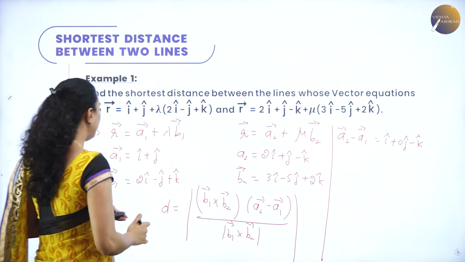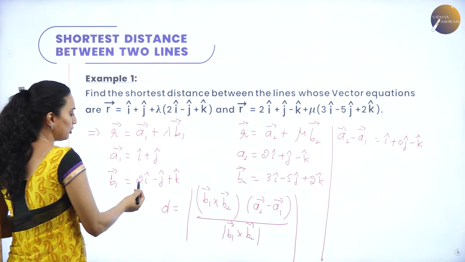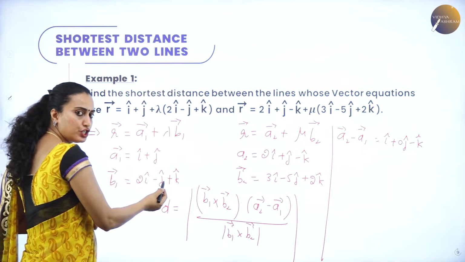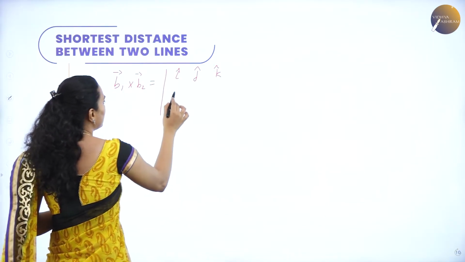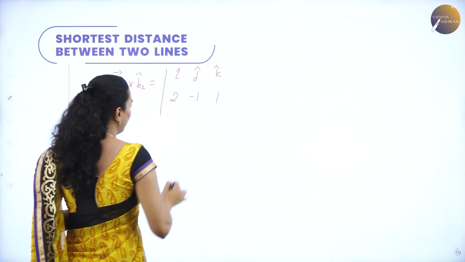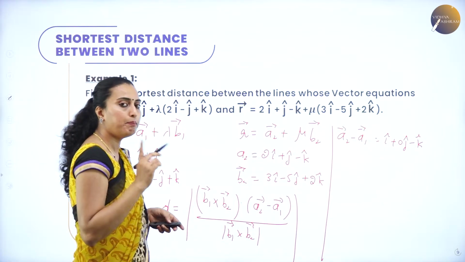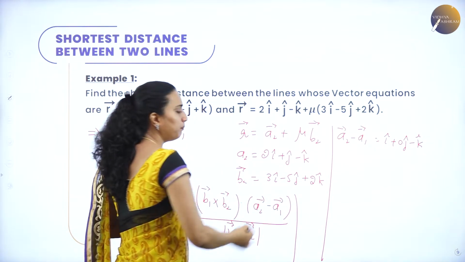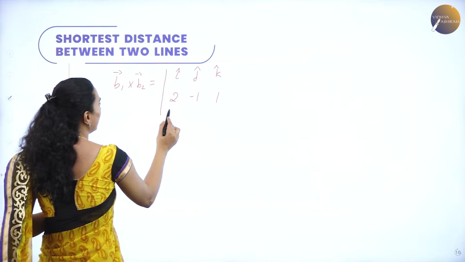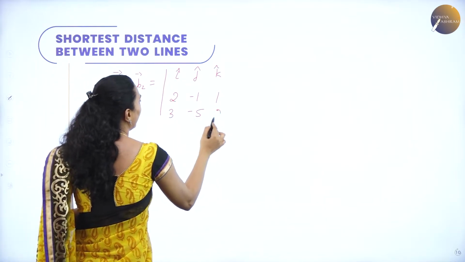So, B1 vector has coefficient 2 of i, minus 1 of j, 1 of k, so you write 2, minus 1, 1. Similarly, B2 vector coefficients are 3, minus 5 and plus 2, so you write 3, minus 5, 2.